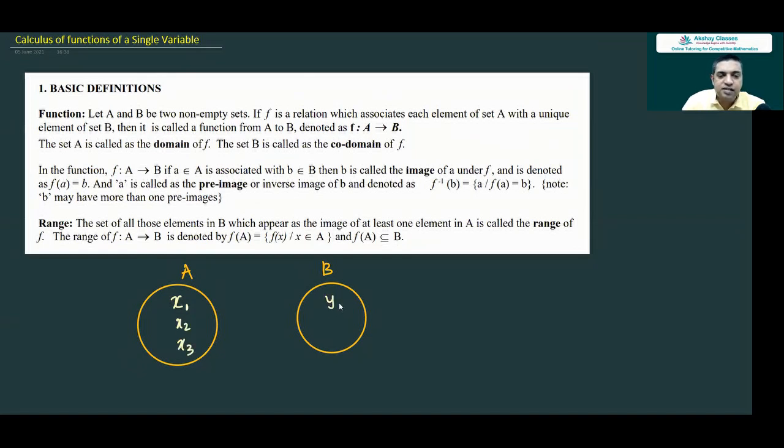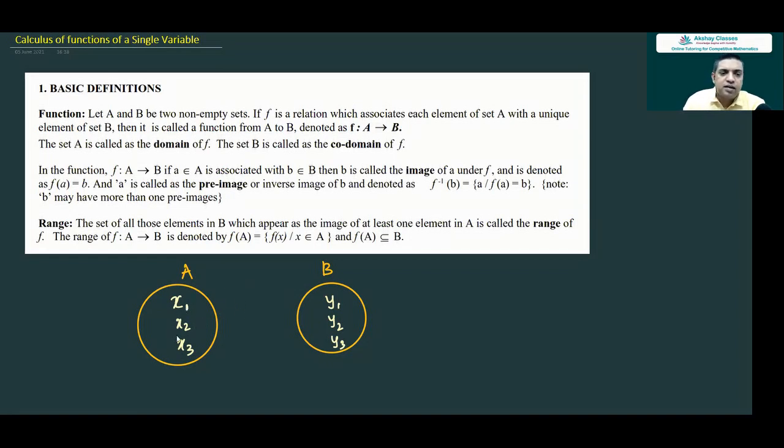And set B has say Y1, Y2, Y3. All right. Now, what is the definition of a function? It's a relation. There are so many types of relations you can make. We'll not go into details. We are just focusing only on what is a function. One such relation is a function.